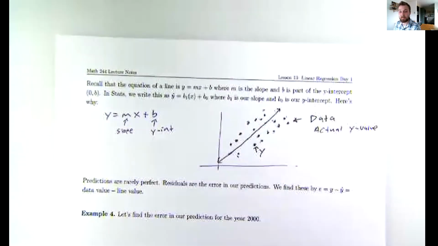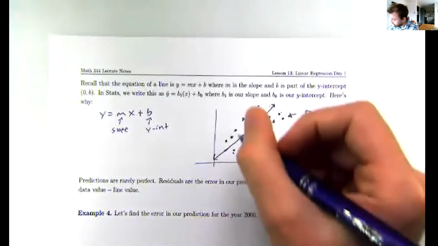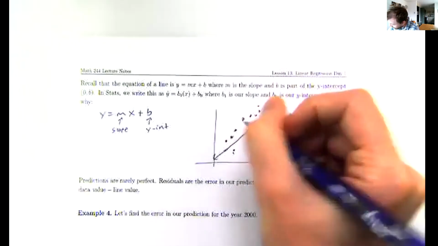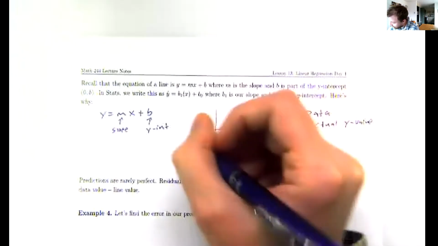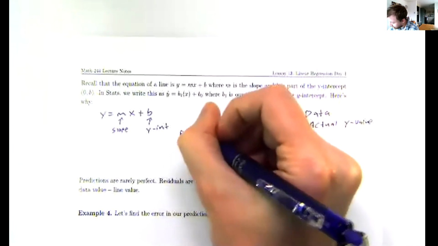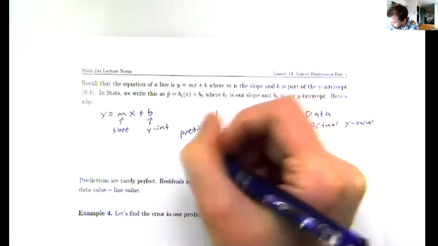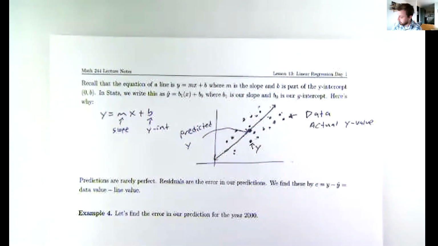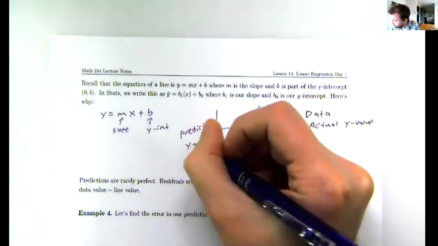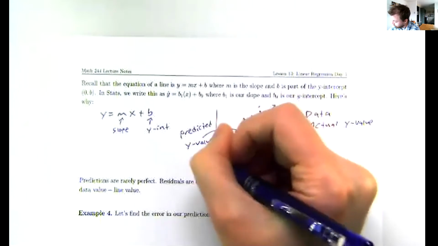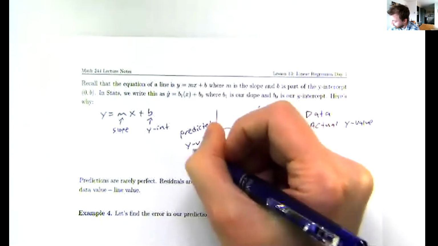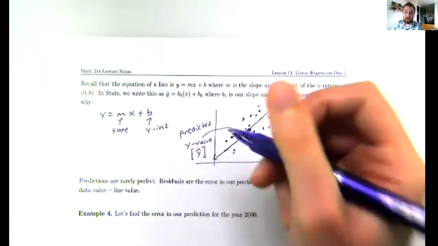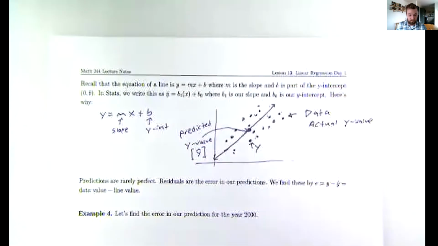This is something that has happened. In contrast, when I'm looking at the line, that is a predicted time for what that should be for the 100-meter race. So to say it's a predicted y value, the notation I use is y hat. I'm putting a hat over anything when I'm making a guess.